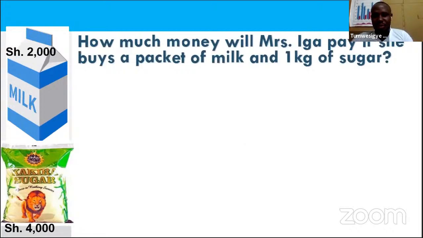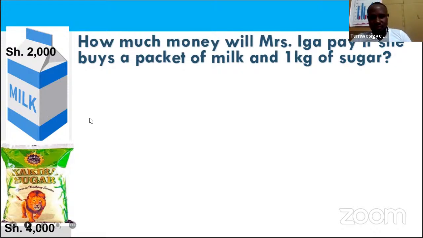Those are the items that we have, and we are going to add them together to see how much money Mrs. Yiga will pay if she bought a packet of milk and 1 kilogram of sugar. The prices are there.